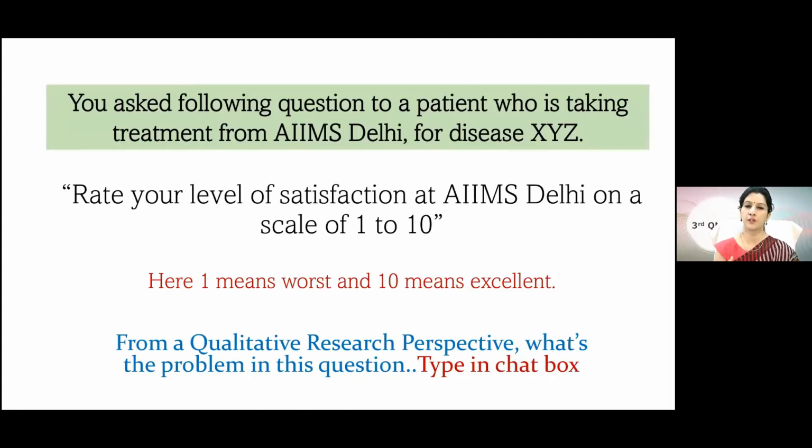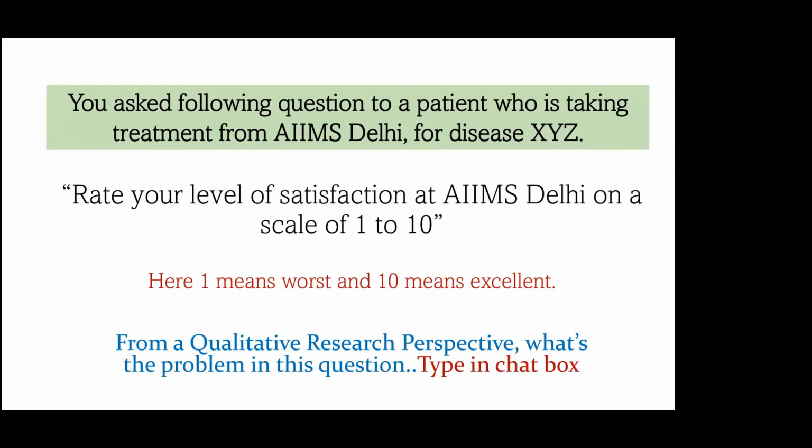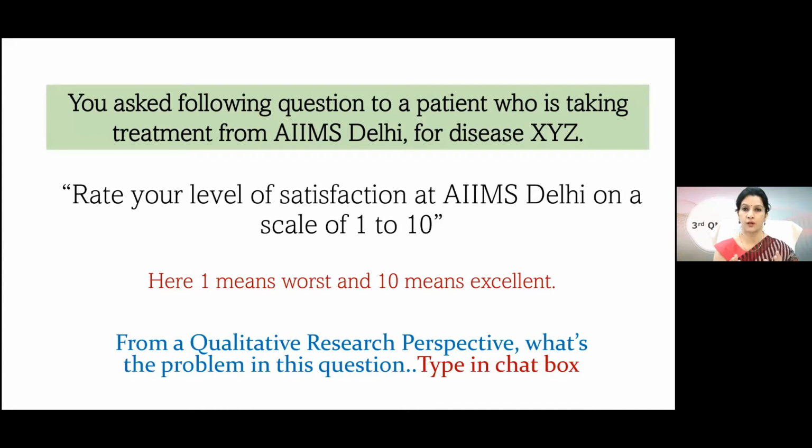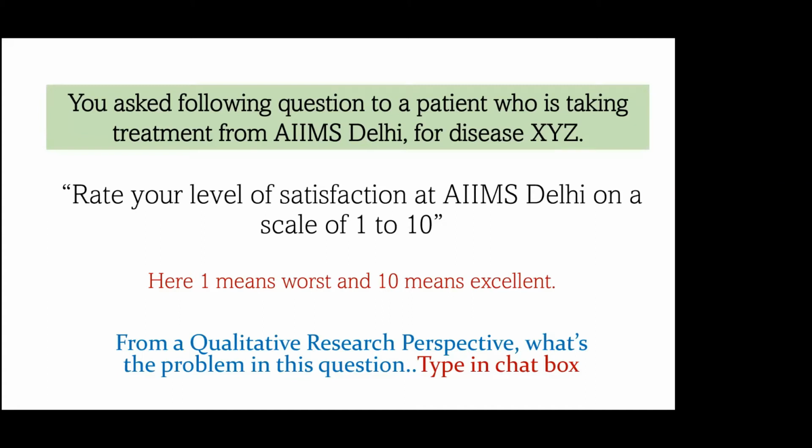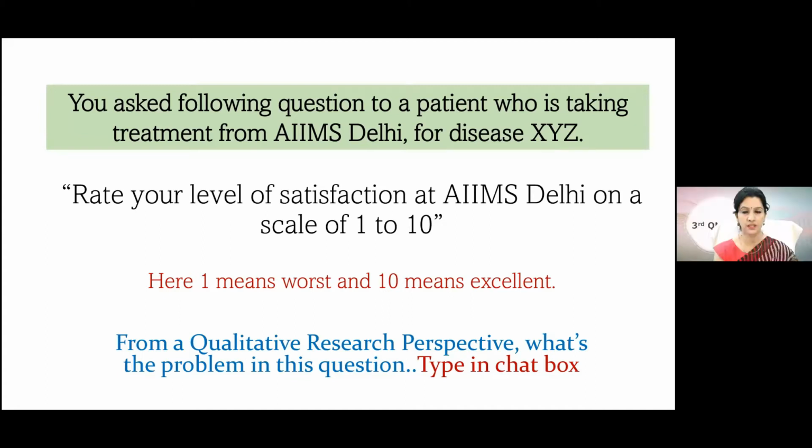If in your hospital, maybe AIIMS Delhi, you want to ask a patient about the patient satisfaction level in the hospital, and you ask one of the respondents: rate your satisfaction level at AIIMS Delhi on a scale of 1 to 10, because we use this Likert scale quite often, a 5-point, 7-point or 10-point scale, where 1 means the worst and 10 means excellent.